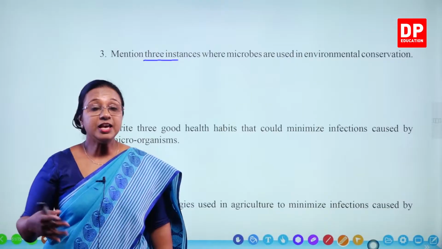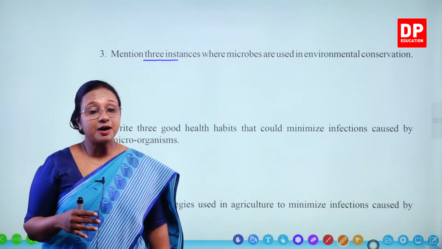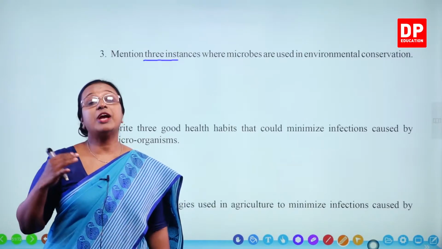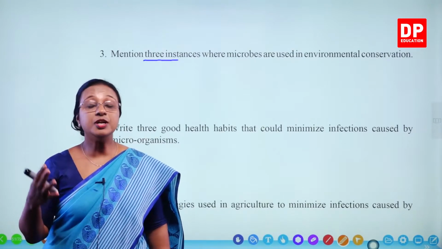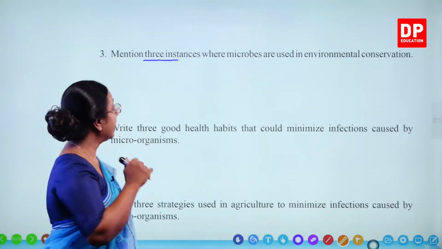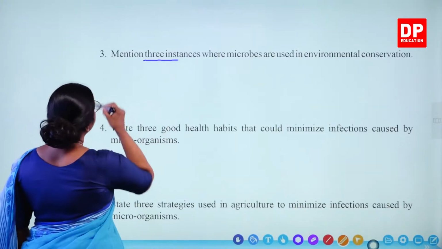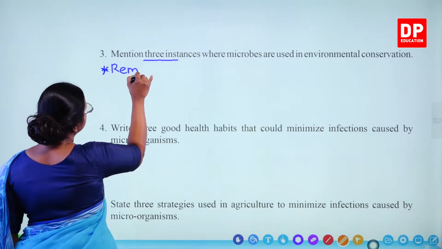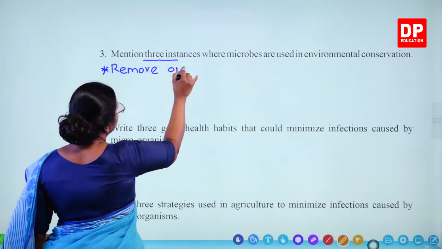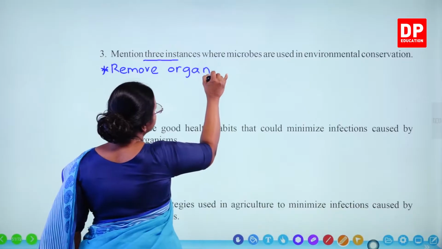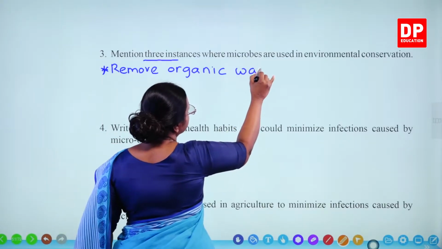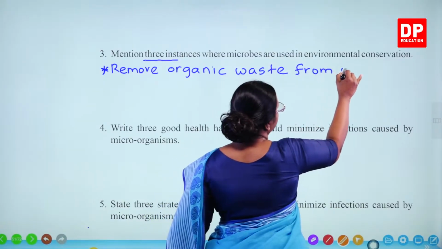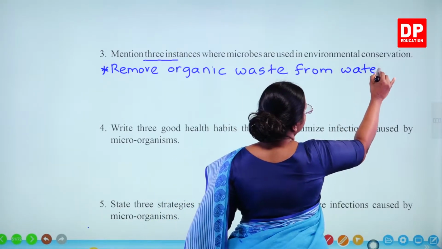The same way, if there is organic garbage or organic substances in polluted water, you can use microorganisms to decompose it. So that is one use. Remove organic waste from water body.